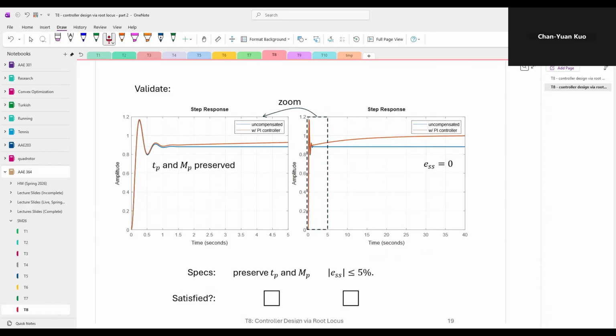And when we zoom in on a shorter interval, we can see that the peak time and maximum overshoot are almost identical to those of the uncompensated system. And since both of the specifications are met, we can conclude that the PI controller design is successful.